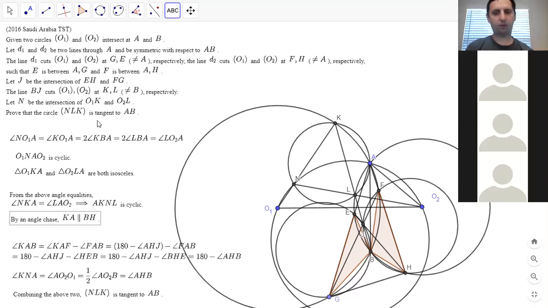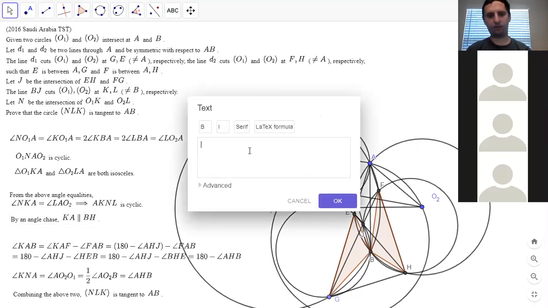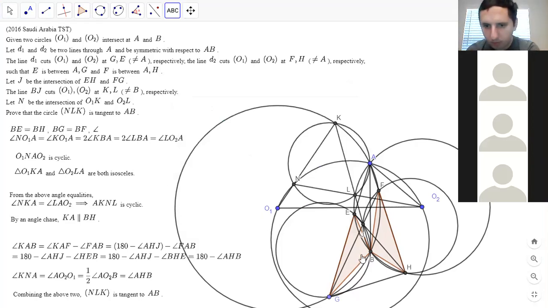Yeah, there's a bunch of stuff. So actually, let me first write that up here. BG equals BF. And then angle, what's the other angle that was equal?